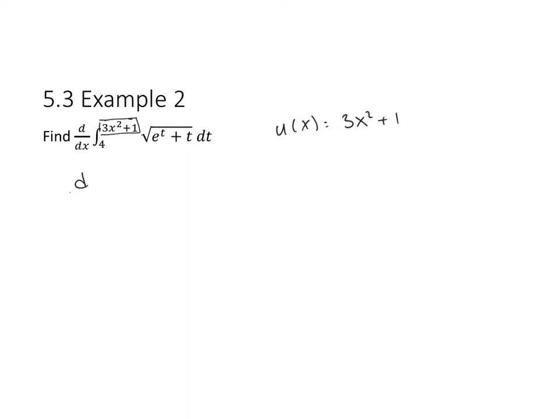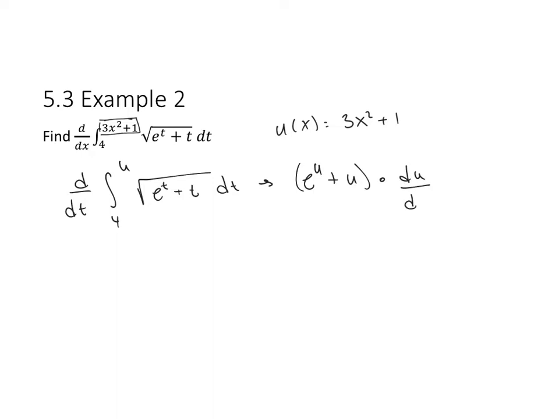All right, so now I have d du of the integral from 4 to u, the square root of e to the t plus t dt. So when I take that, I'm going to get e to the u plus u times, I can't forget, du dx. Because I need to still figure out how to put that into my x value.